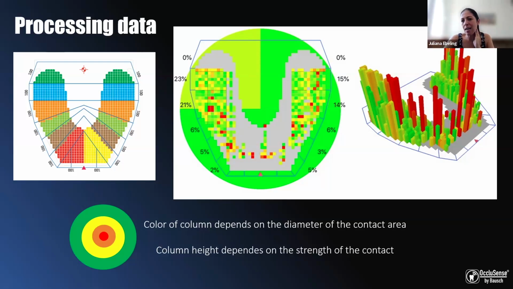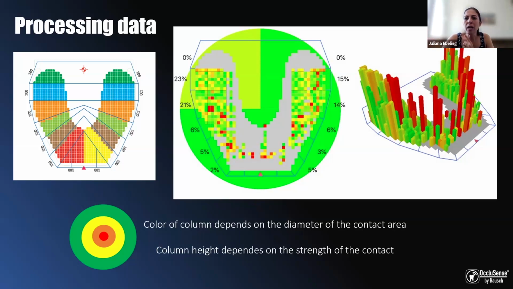So here we have the color, the surface, and what we are looking for in a good and optimal occlusal contact: punctual contacts. Okay, I'm not looking for large surfaces, large contacts, when I have a good occlusion contact, but punctual contacts.